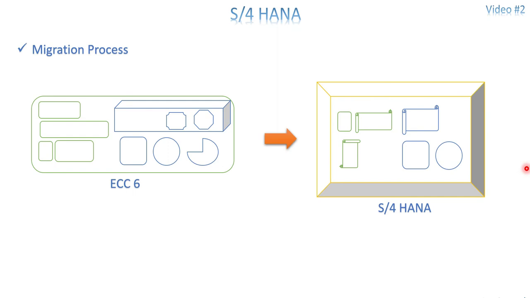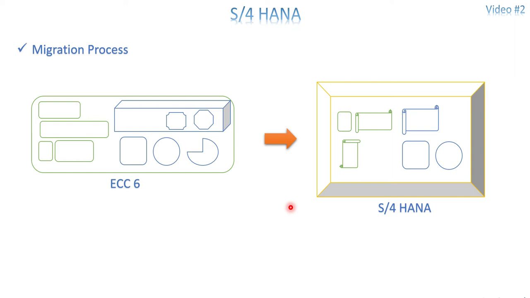Same thing is for S4 HANA as well. Compared to 4.7 to ECC, this is quite new, because the evolution is also a bigger one. They have to deliver what the customer requires, and they have to compete with the other products as well.